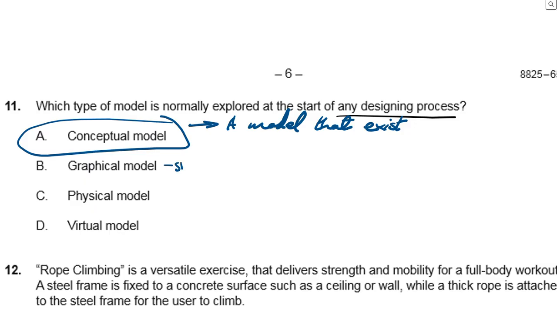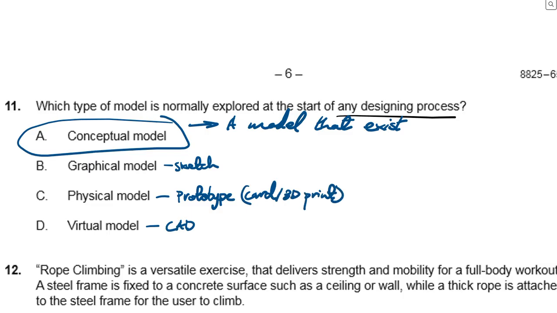It hasn't been sketched, right? Graphical is like sketch, virtual is CAD, physical is a prototype, physical prototype like card or 3D print, right?